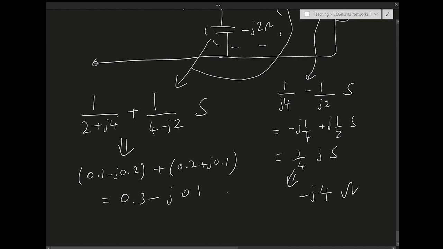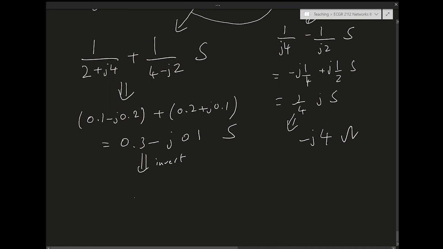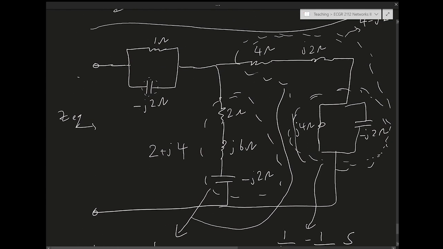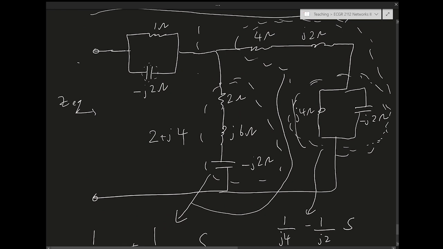I invert Siemens. I invert this now to get the impedance. Right, when I invert this, I get 3 plus J1 ohms. Okay, so I found the impedance of this whole thing in that direction. Now I need to sum it up with the impedance of this branch. Again, two in parallel, right?